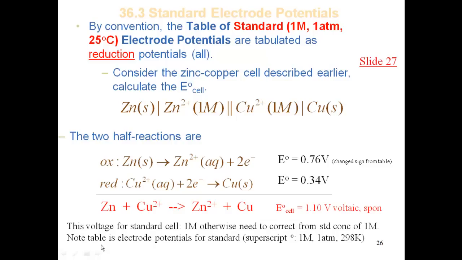And the E of the cell is the sum of these E's, which is 1.10 volts. So the important thing to use in the problem we're about to do is the following. We have to realize that N is equal to 2 because of the 2 electrons in our balanced equation, and the potential is 1.10 volts.